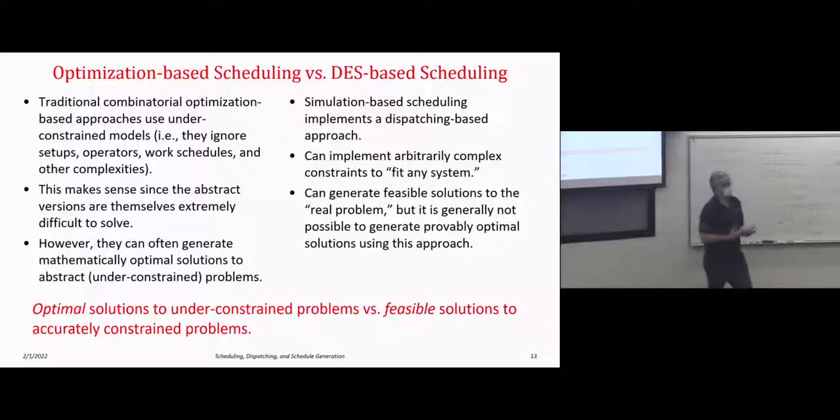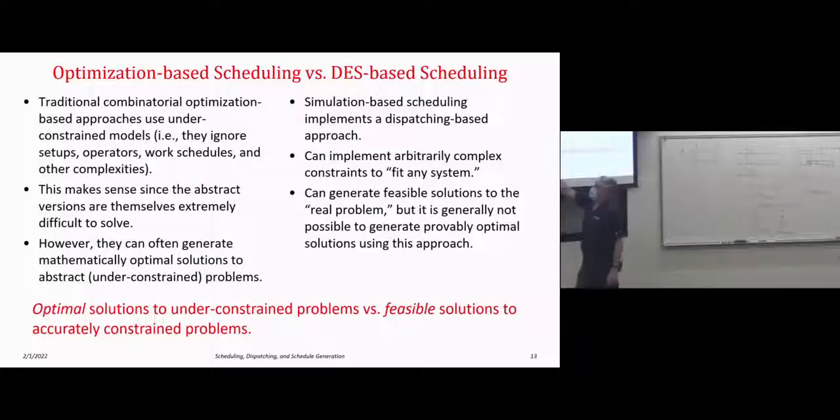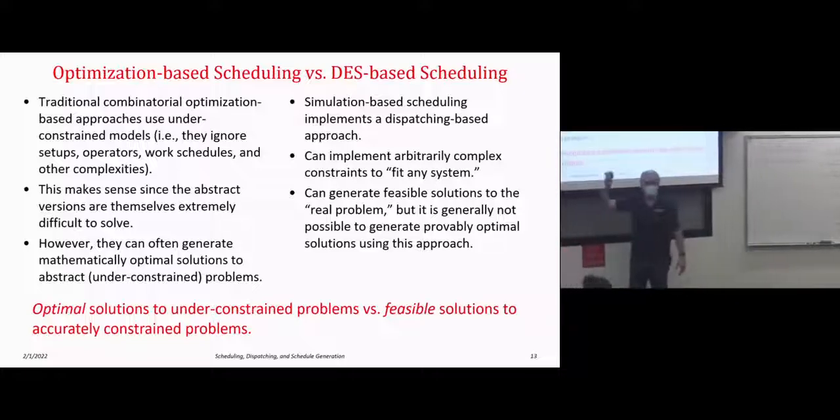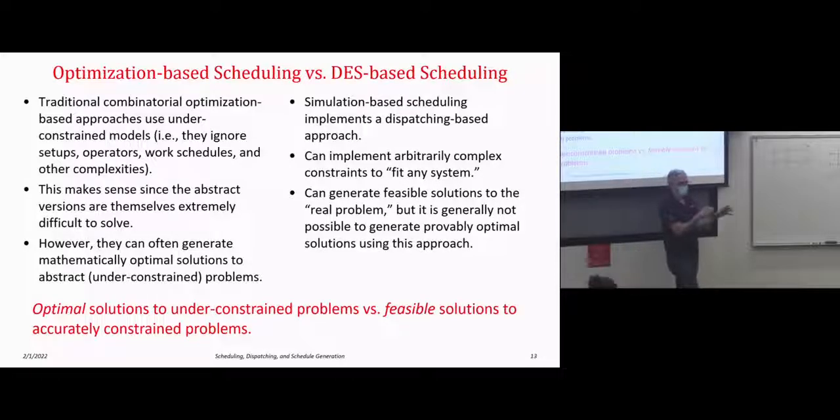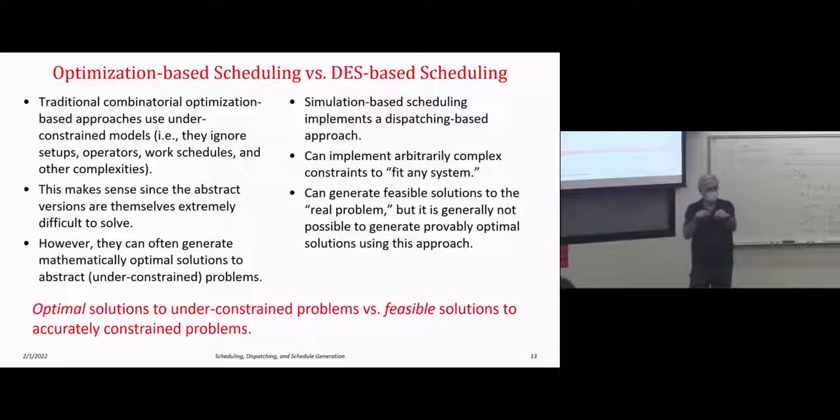And so simulation-based scheduling is an attractive alternative where, with the optimization approach, it's difficult to take that abstract solution and make it actionable. If I give you the Gantt chart with the abstract solution and say, okay, now make this actionable, for this one it's easy: add a setup, add a setup, add a setup, and it's done.